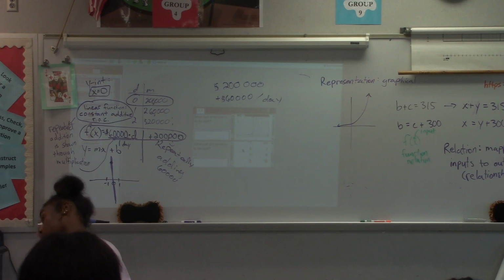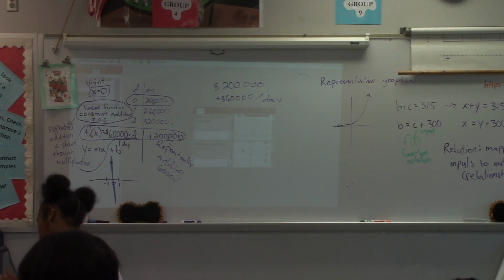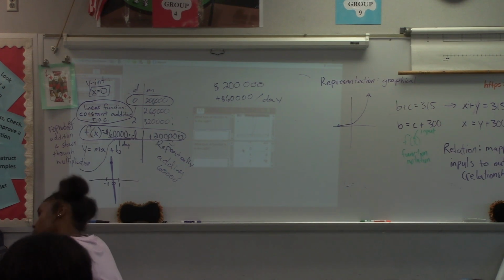And so the difference between that relation and that function, right? Each input maps to one and only one output. On day one, you're making how much money? Or you have how much total money? 260,000. Do you have any other options on that day? No, right? Each input maps to one and only one output.